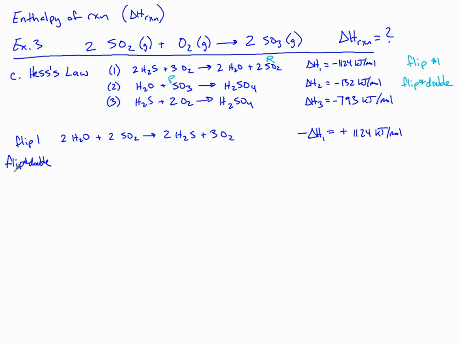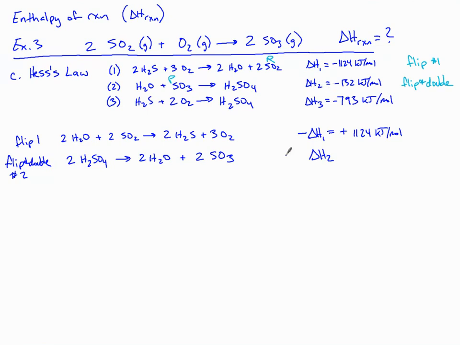So flip and double number 2, and so that is 2H2SO4 yielding 2H2O plus 2SO3. Now for the delta H. So the delta H has to change, so it's not just going to be the delta H of reaction 2.